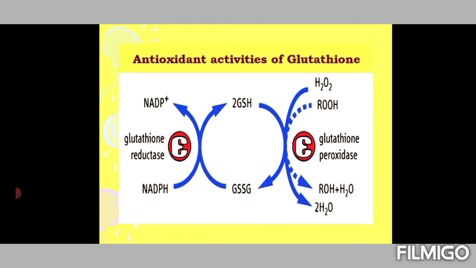An increased GSSG to GSH ratio is indicative of greater oxidative stress, which means if GSSG is high, then the oxidative stress is greater. In healthy cells and tissues, more than 90% of the total glutathione pool is in the reduced form, with the remainder in the disulfide form.